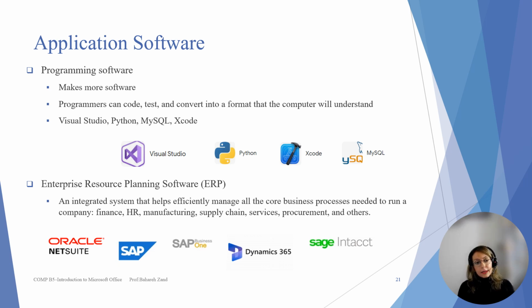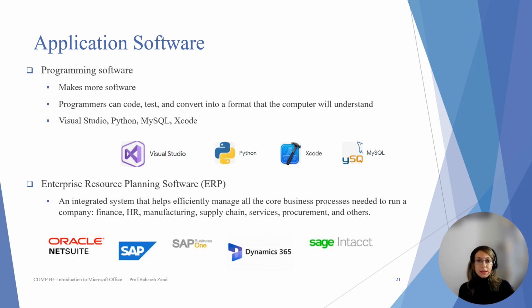Then after that, we have enterprise resource planning software, which they call ERP. ERP is an integrated system used mainly by businesses and bigger companies. Those integrated systems have multiple components designed for different uses in the company.